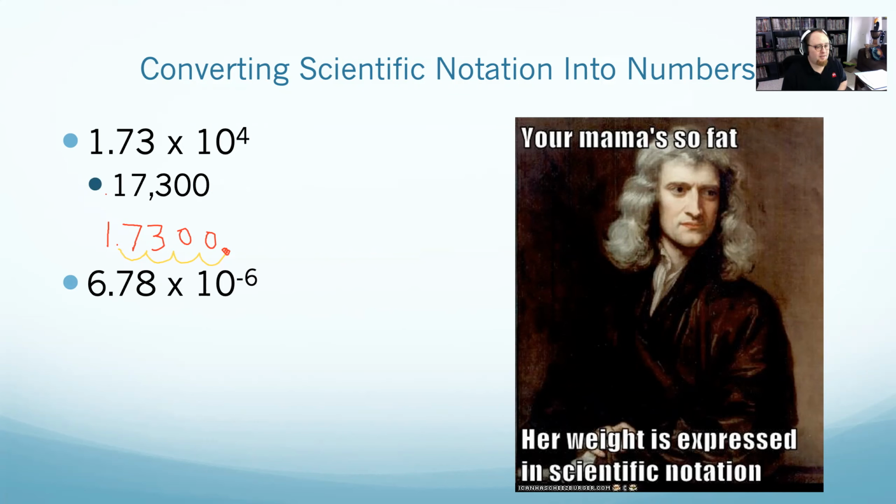If you're going negative, same idea, 6.78, I want to move it over 6 spots. 1, 2, 3, 4, 5, 6.